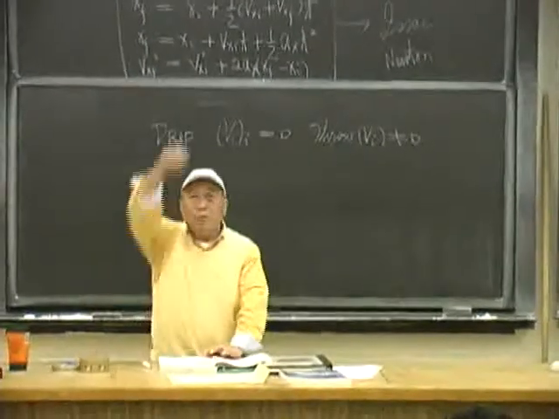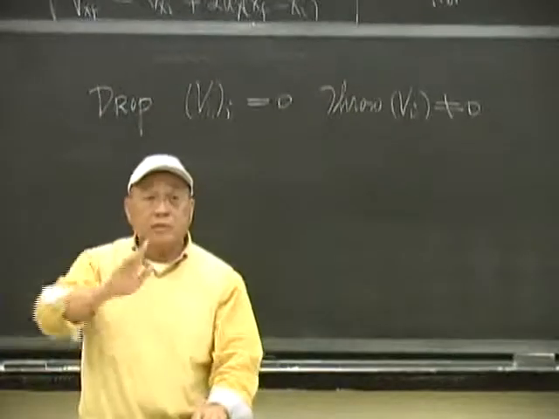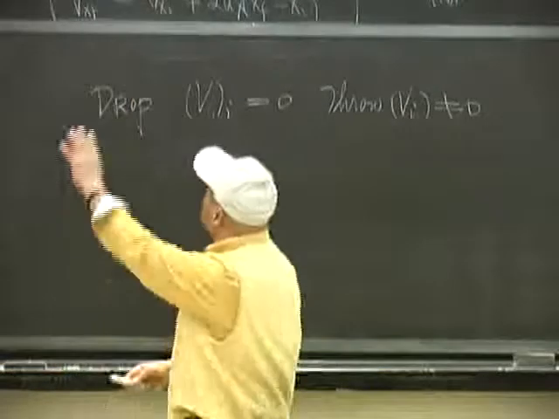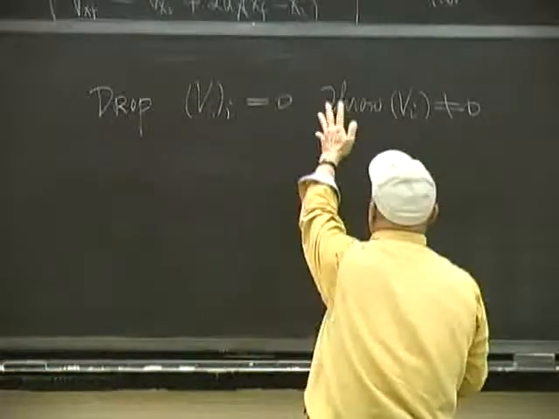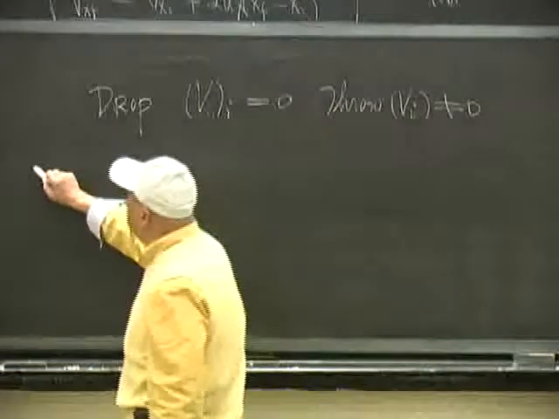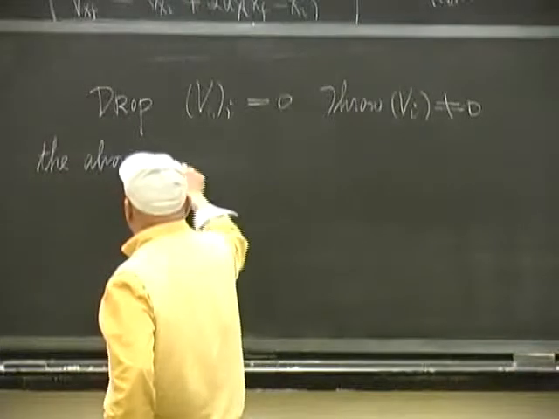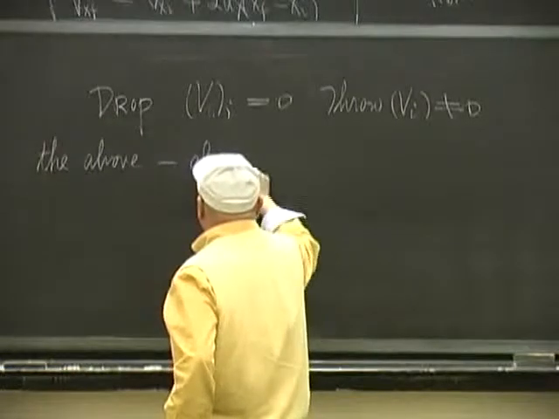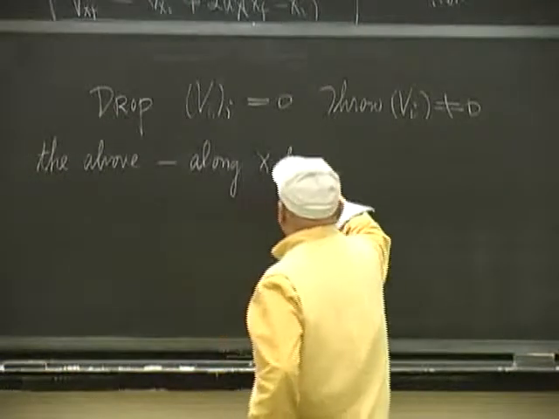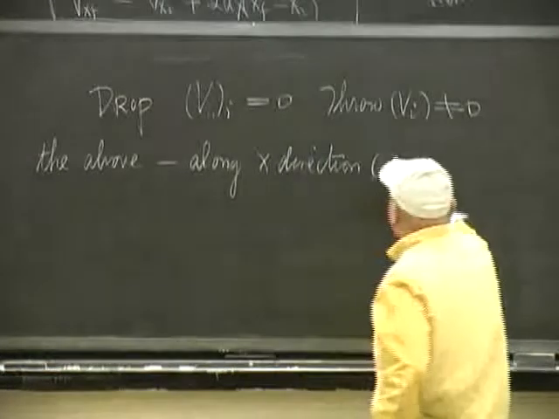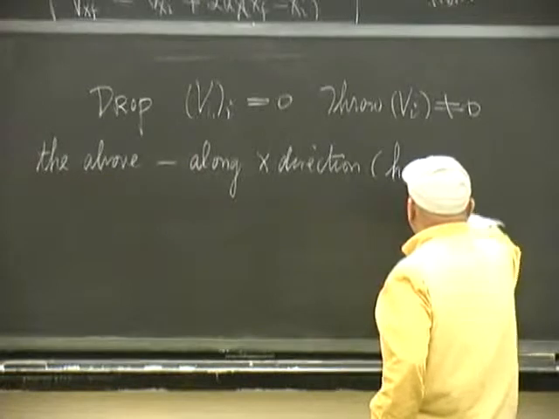So now free fall is on the vertical side. Vertical, so your falling is along the y direction. The above is along the x direction, which is called the horizontal direction.